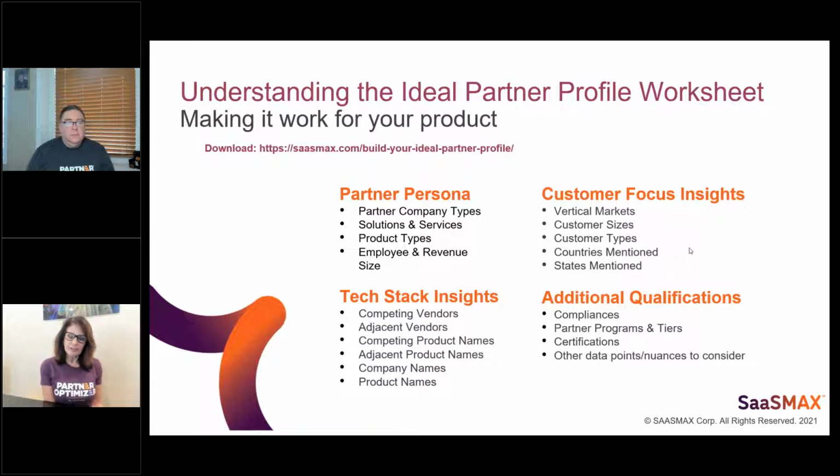It's easy if you have a new tech, a new solution that can be added to a stack, but if you're competing directly with a product, then it's a very important strategic decision to go through with your team and say, are we going to go head on and try to replace, or do we want to avoid that and just find those partners who don't yet have that type of solution in their stack?